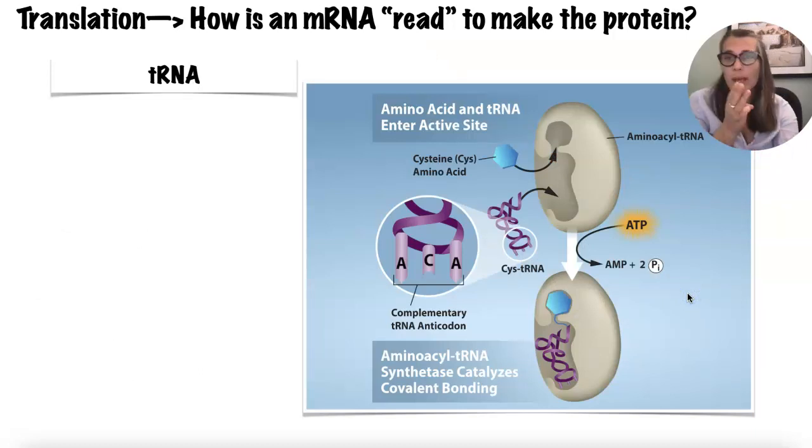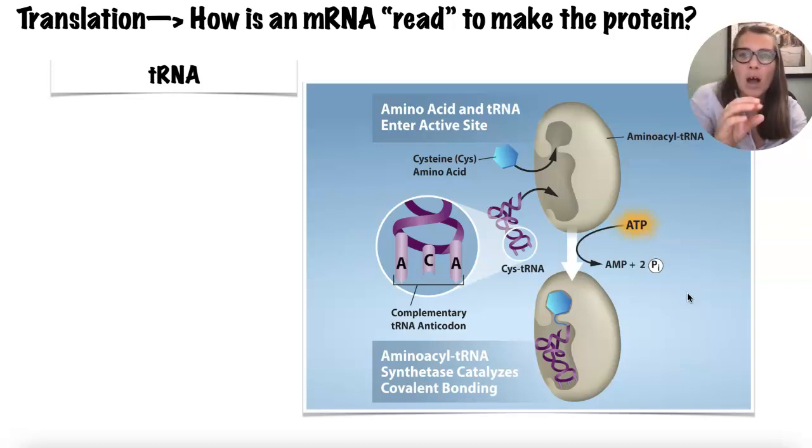The third player, which is my favorite, is the tRNA. The T is for transfer, so transfer RNA, but I like to think that T, even though that is not what it stands for, is for translating, because really the tRNA is the adapter, what is doing the translation.